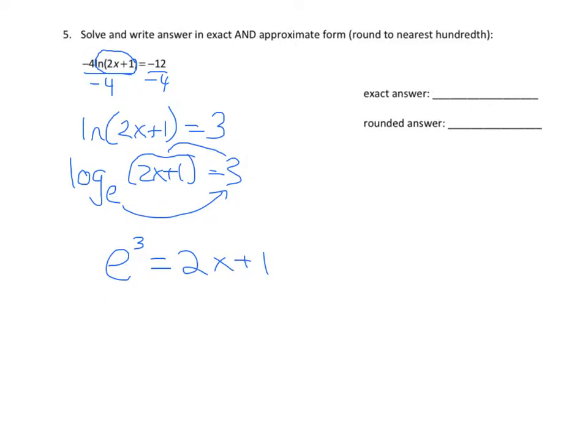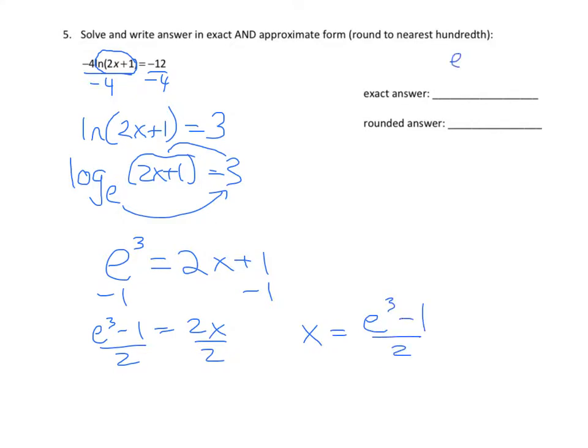I can't simplify e to the third, that's just some weird number, but I just leave it like that. So I subtract 1 from both sides, and we get e to the third minus 1 equals 2x, and then I divide both sides by 2, and we get x is equal to e to the third minus 1 over 2. And that's the exact answer.